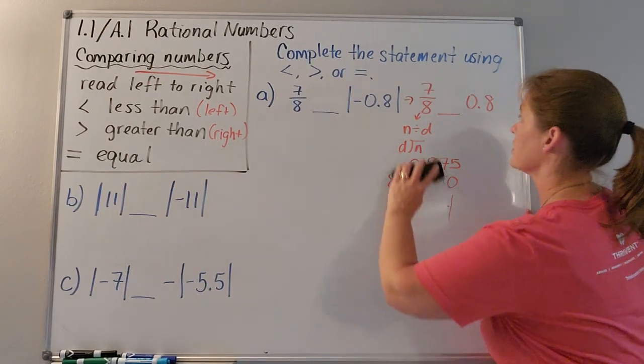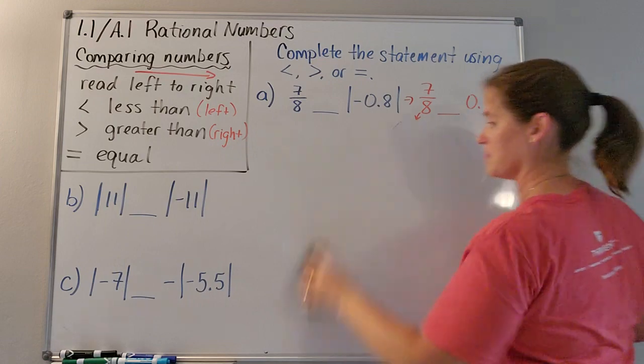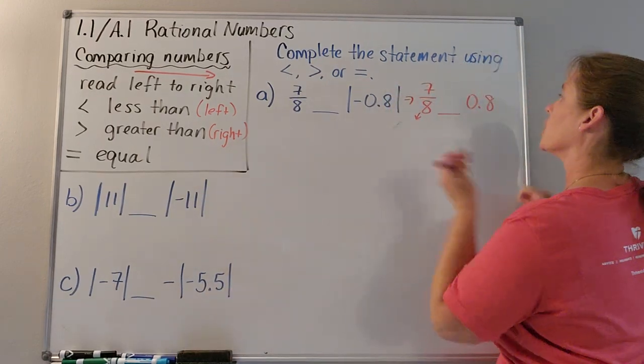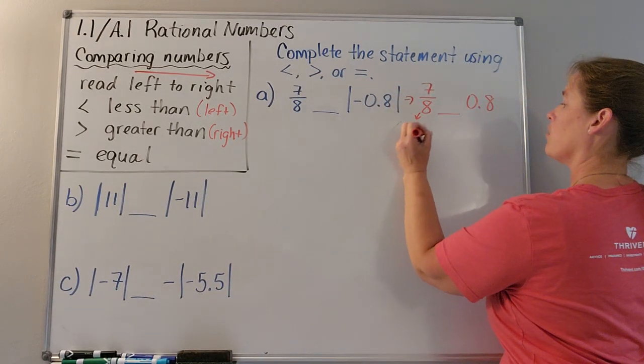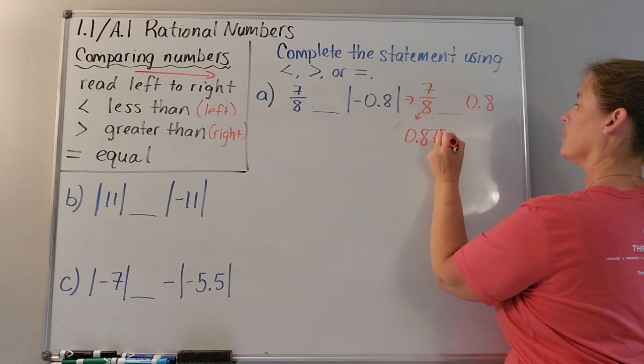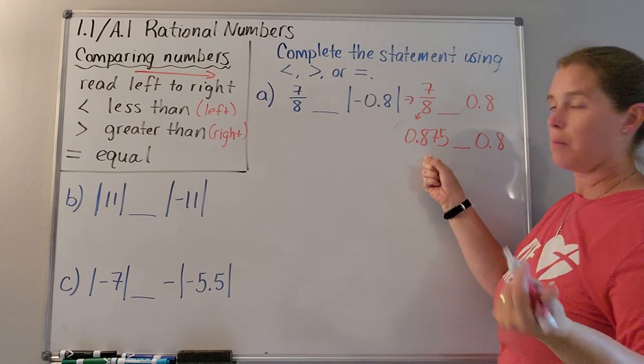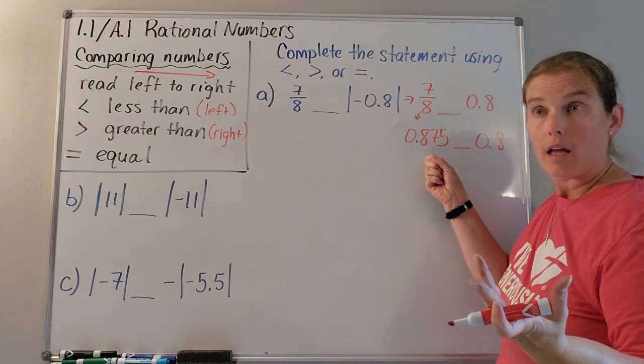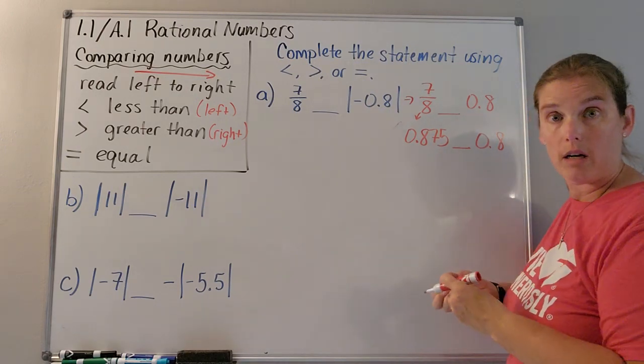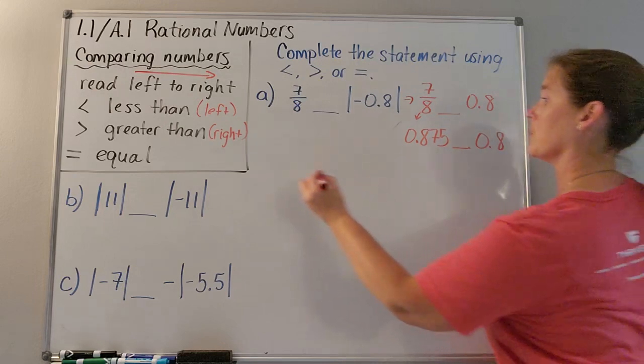I'm gonna erase this now, because I need the space. And I'm gonna say 0.875 compared to 0.8. What's gonna go in the blank? Well, if you need to, you can draw it out on a number line and compare things. So we could do that.